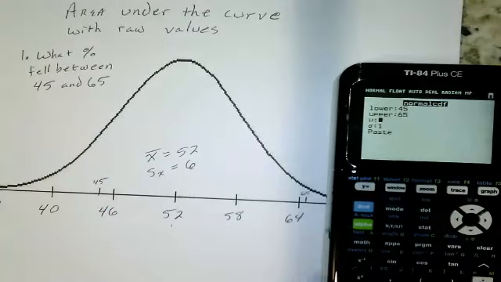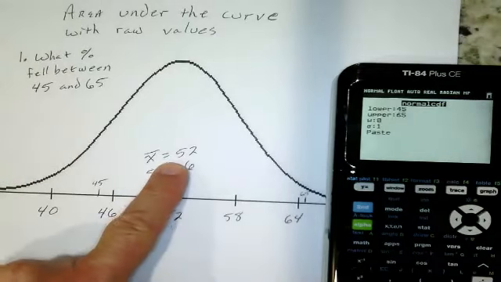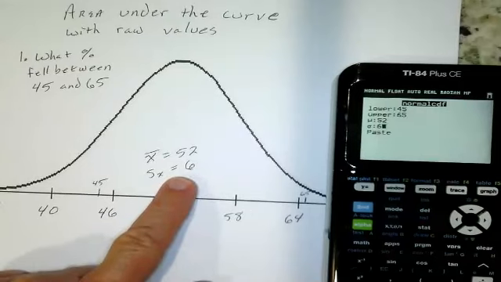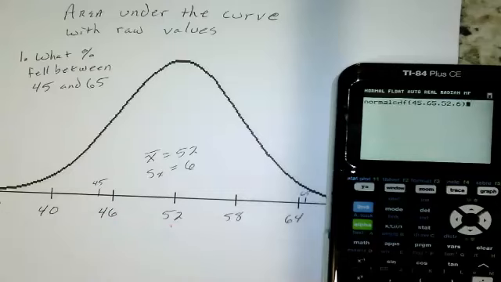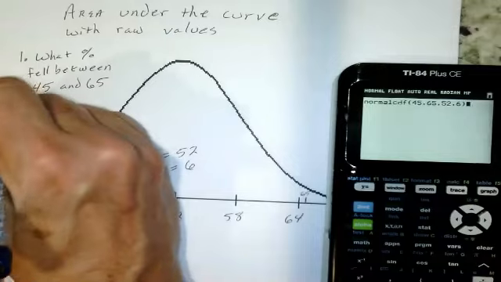Now, here's where things change. Is my mu 0? Is my mean 0? No, my mean is 52. And what's my standard deviation? Well, my standard deviation is 6 because to get from one of these lines to the other, that's a difference of 6. And so now we're going to paste this, and here we go.